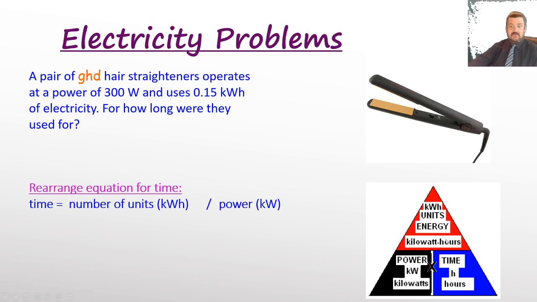Remember, you cover up whatever you're looking for, and what you've got left will give you your equation. Put our numbers in. Time is equal to 0.15 kilowatt hours divided by power in kilowatts, remember, so we need to convert our 300 into kilowatts, 0.3. So the hair straighteners were used for 0.5 hours.